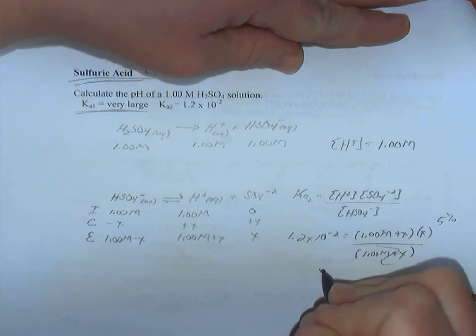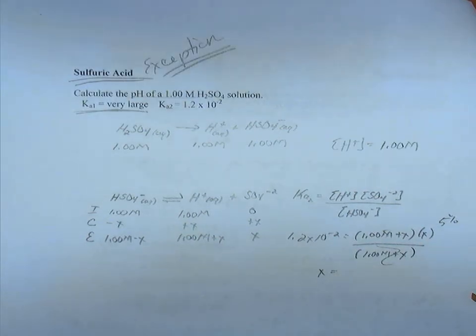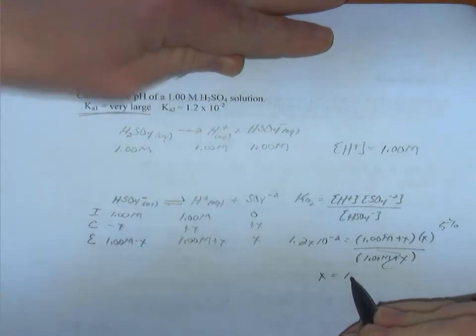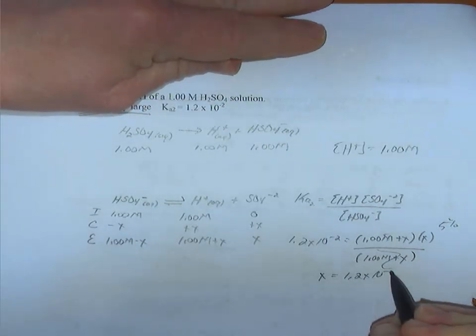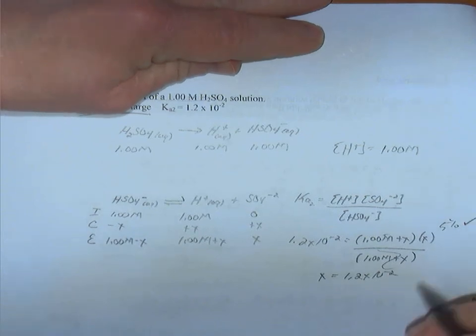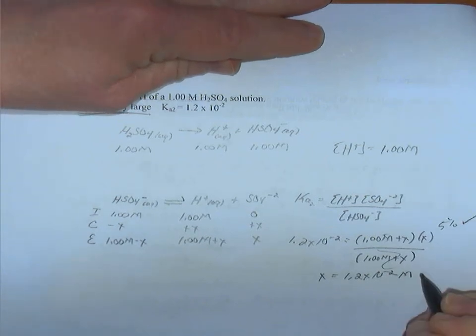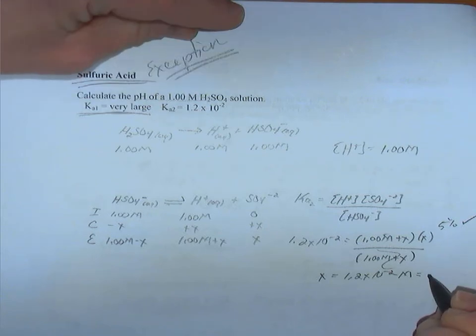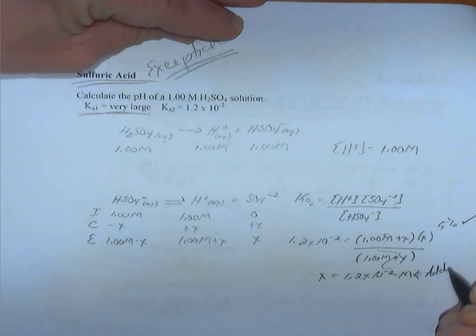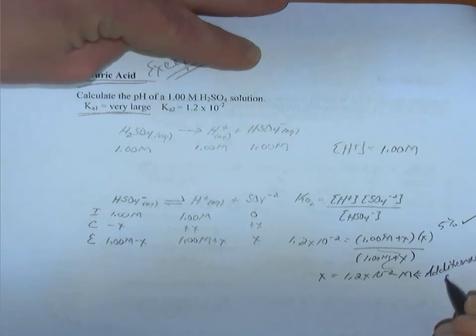And the x here is 1.2 times 10 to the minus second, which does pass the 5% rule. Okay, so that will be the concentration of sulfate, but this is the additional hydrogen or hydronium ion concentration.